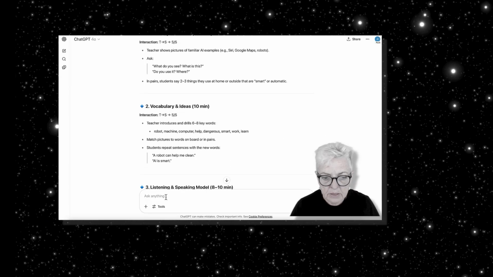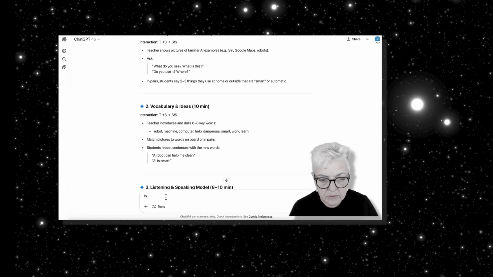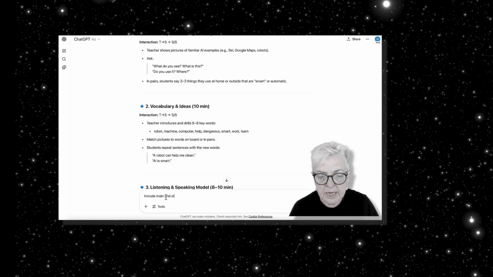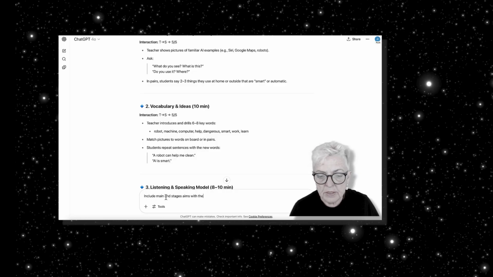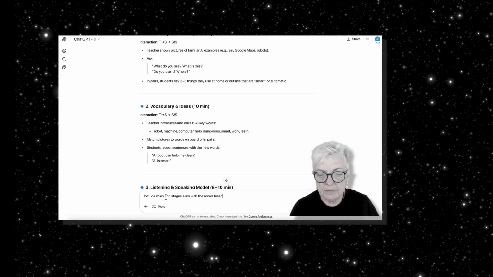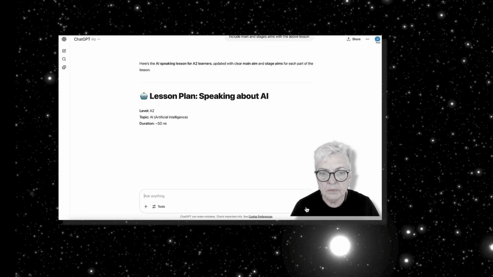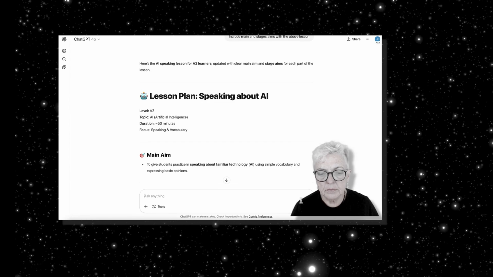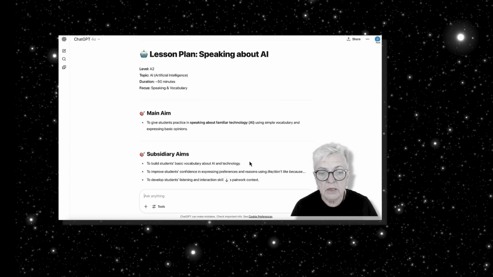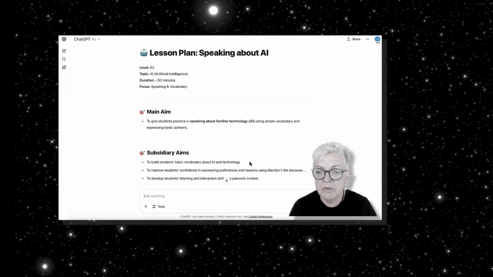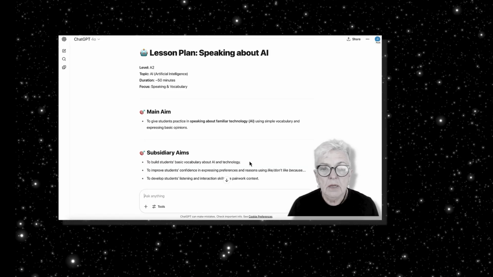Okay, so I would say include main and stage aims with the above lesson. Main aim, very good, to give students speaking practice about using simple vocabulary.